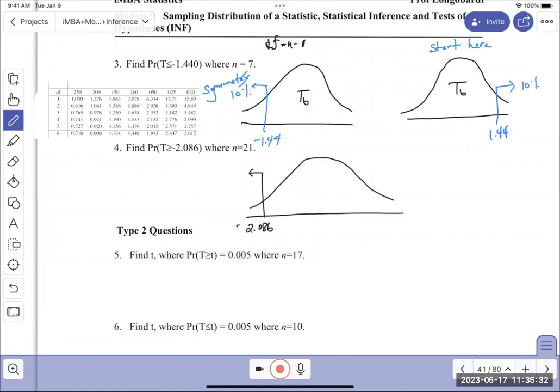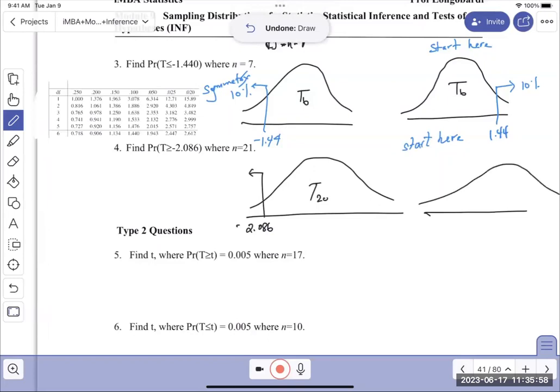But I don't have that on T20. So instead, I'm going to look at first the right side. You don't have to draw all of it, you just got to know what you're doing, but I'm drawing it to illustrate what I'm thinking. Oh, I'm just going to copy this. It's easier.